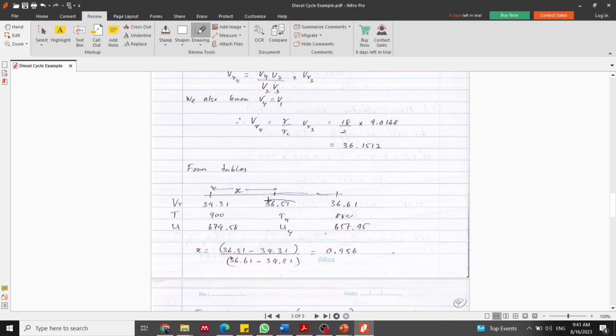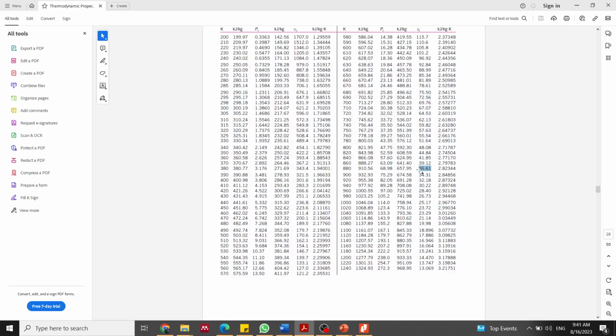I think this is wrong, this should be 15, not 51. There's a mistake. This should be 36.15, not 51, so you can correct that in your calculation. So 36.15 is between this value and this value.